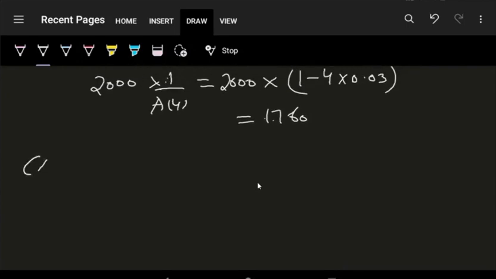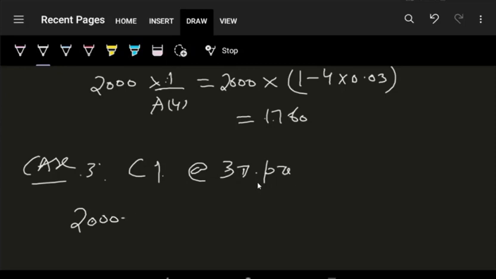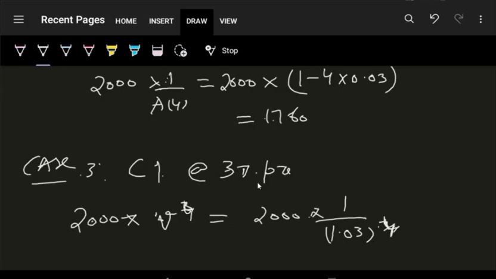In case 3 we are given a compound interest rate at the rate of 3% per annum. In this case we will use 2000 into v to the power 4, that is 2000 into 1 upon 1.03 to the power 4. Sorry, it is 4 and it is also 4. And the answer will be 1776.97.